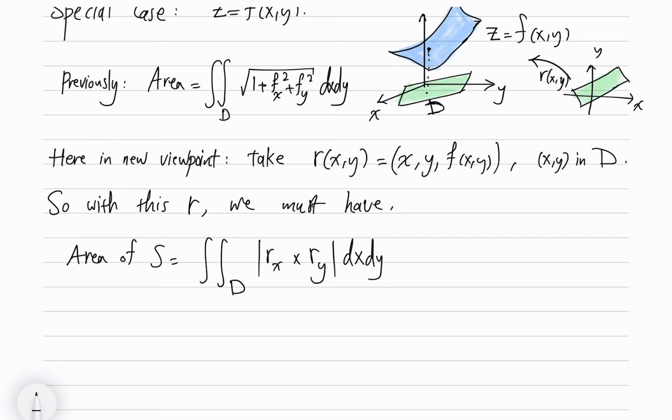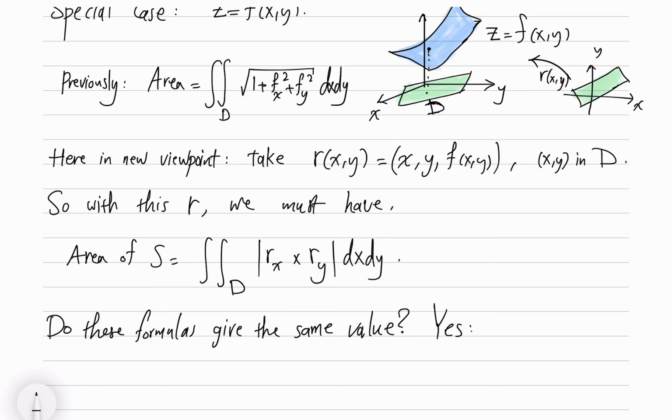So do these formulas give us the same value? I mean, they must. If they don't, we are in big trouble. One of them has to be incorrect. The answer is yes. Why?